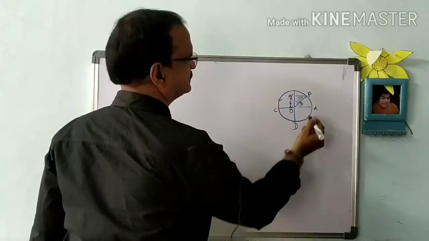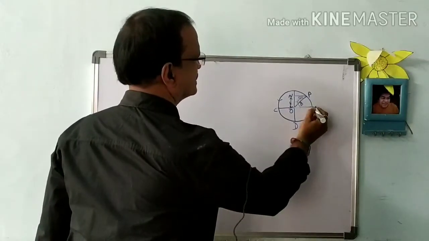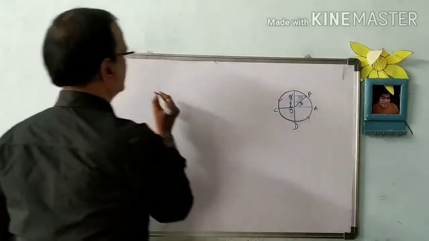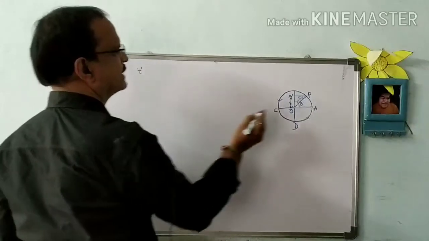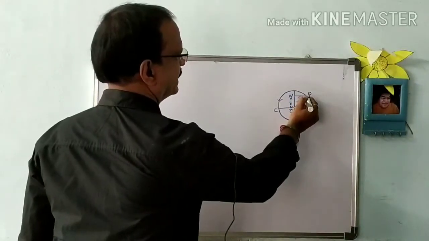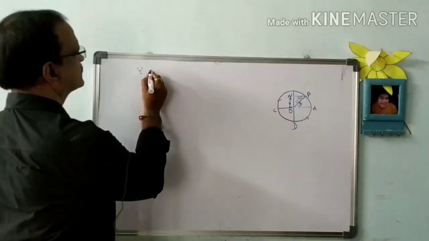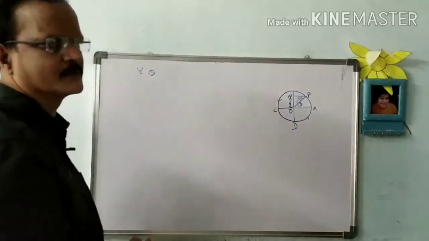Let its position initially be at A. After a time t seconds, it has moved to point P, making an angular displacement theta. Theta is nothing but the angular displacement.